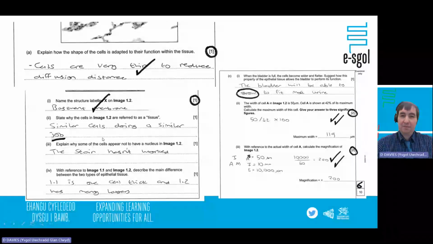You need to be more specific there. If you look at the mark scheme, it says the tissue will be able to stretch, which is slightly different to the bladder will be able to grow. Growth means something different to stretch, doesn't it? So again, you need to be very specific and have that level of accuracy in order to get the mark.